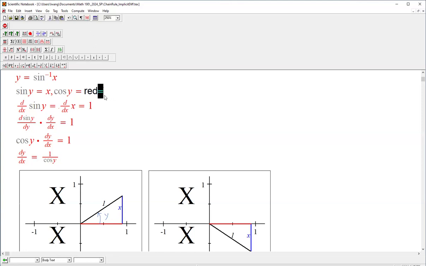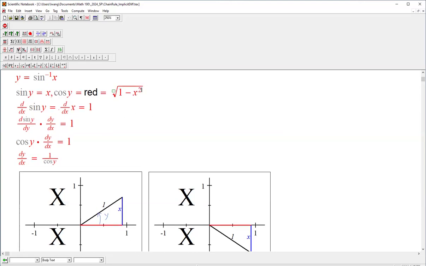By the Pythagorean theorem, it equals the square root of 1 minus the blue squared, and the blue is equal to x, so the square root of 1 minus x squared. That's if y is measured counterclockwise and terminates in the first quadrant. If it's measured clockwise, which terminates in the fourth quadrant, we would draw the same conclusion, right? It's still the same red. They share the same red.